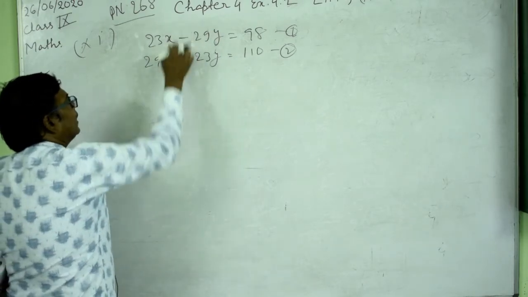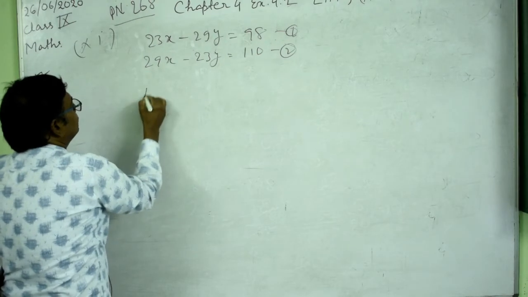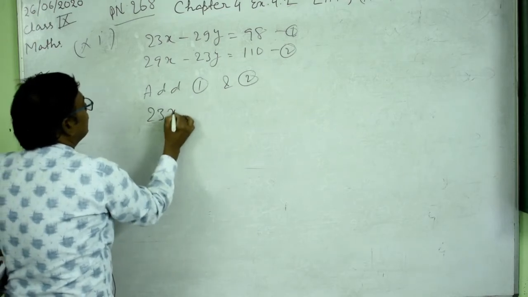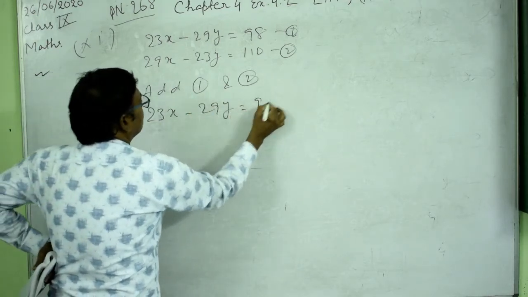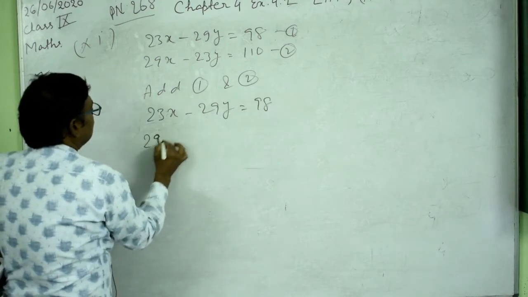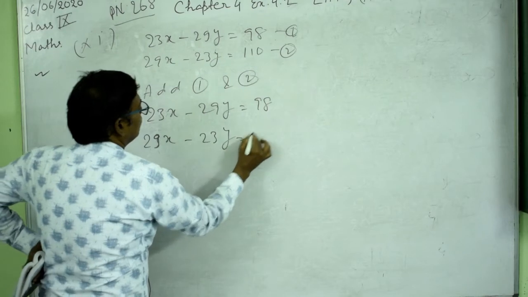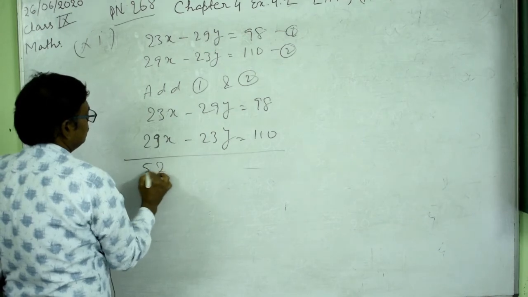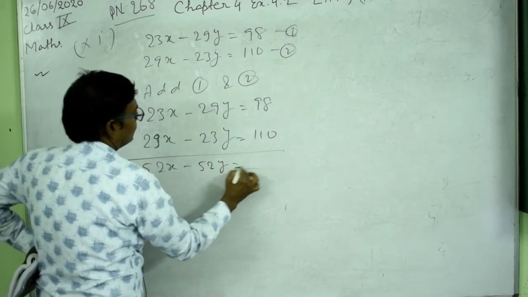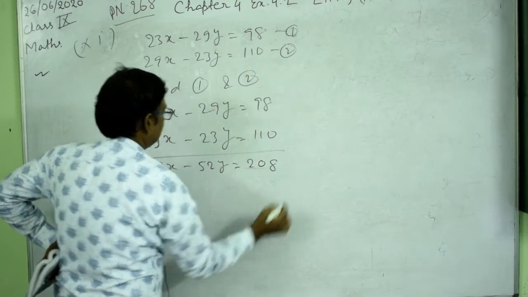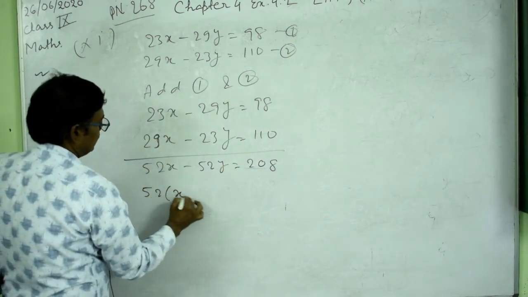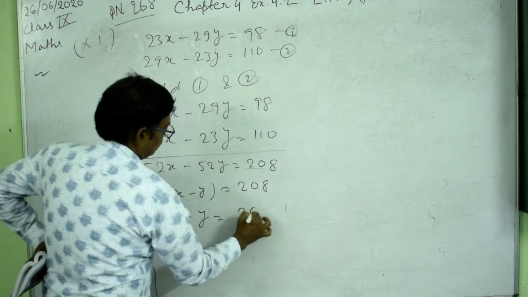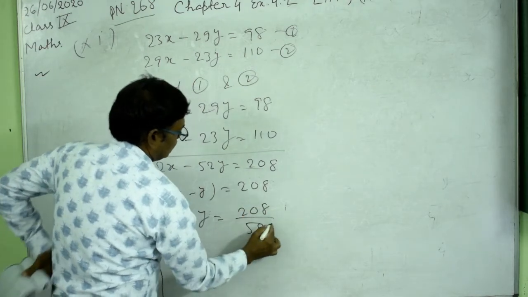See, first add these two equations. Adding 1 and 2, we have 23x - 29y = 98 and 29x - 23y = 110. Now adding these two equations, take common 52, so you have 52(x - y) = 208, then x - y = 208/52, which is 4.